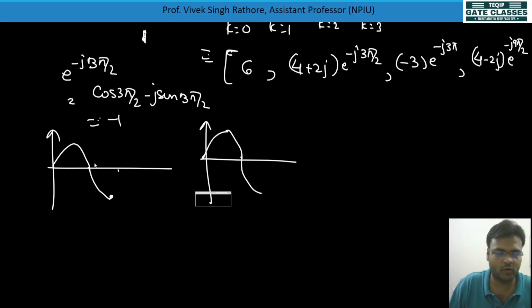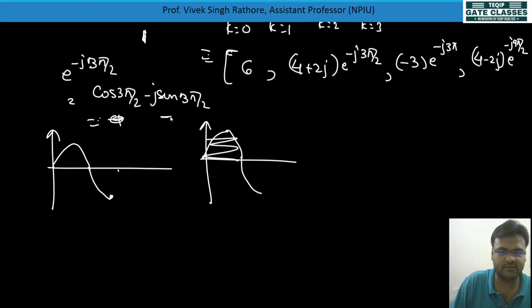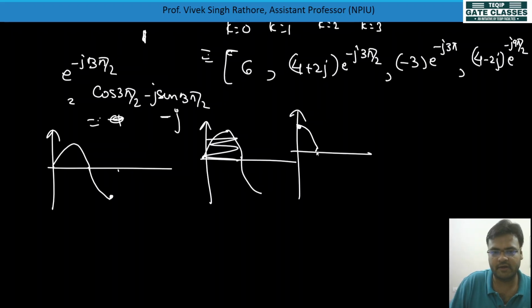Cos 3 pi by 2: from 0 it starts, pi by 2, pi, then 3 pi by 2 and then 2 pi, so ultimately the value is 0. For sin 3 pi by 2, I'm really sorry, I was looking at the sine value only; this will be minus j only. So ultimately e to the power minus j 3 pi by 2 is nothing but minus j only.